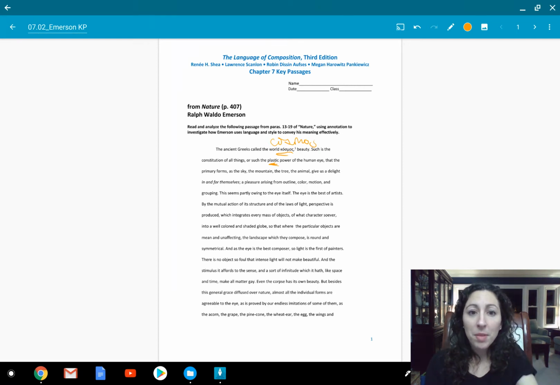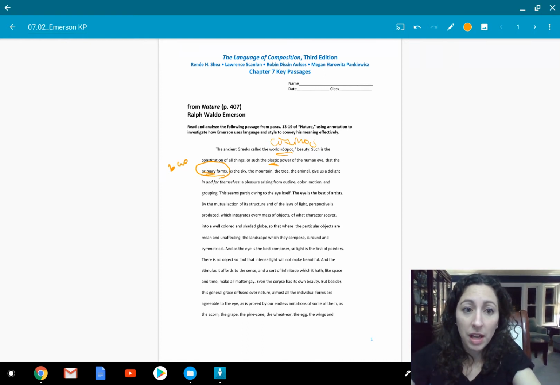That the primary forms, and I want to draw your attention to this word primary as well. When I hear primary forms, I actually think primary colors, which speaks to that part of the definition of primary, meaning the basic or elemental. So I'm going to write that here, basic.